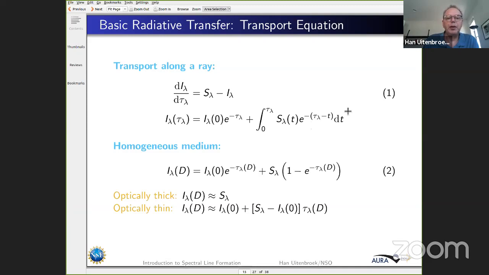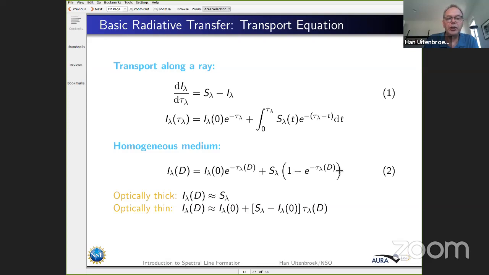So in the simple case now that we have a source function that is constant with height and an opacity that is constant with height, you can actually solve this equation. It is a closed equation under those conditions.